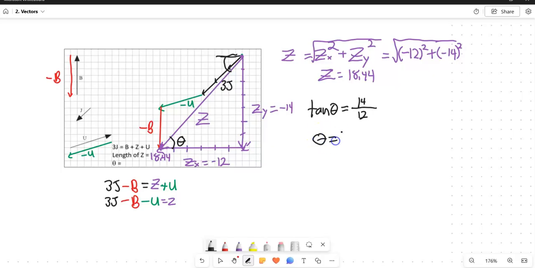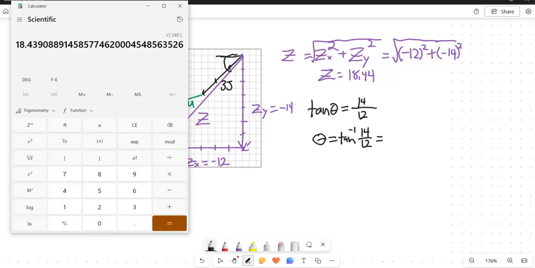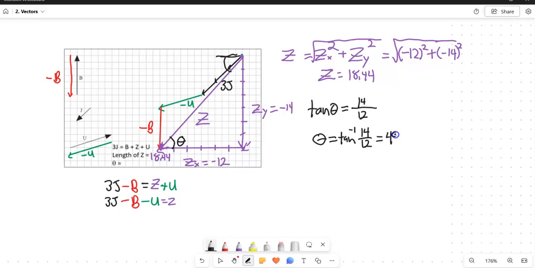So the inverse tangent of 14 divided by 12 is what we're going to do. That gives 49.40. So this is 49.40, and this is also 49.40.